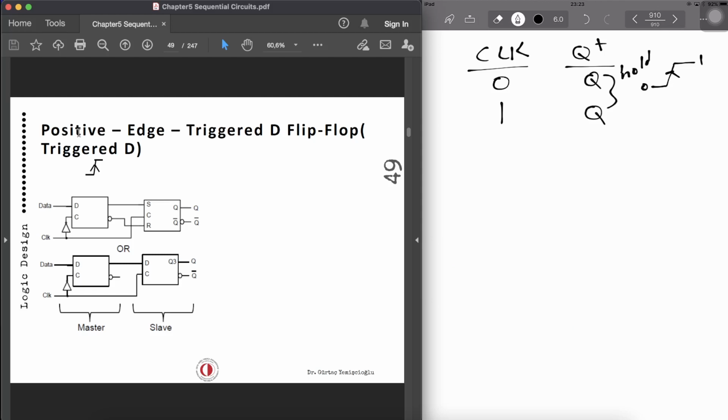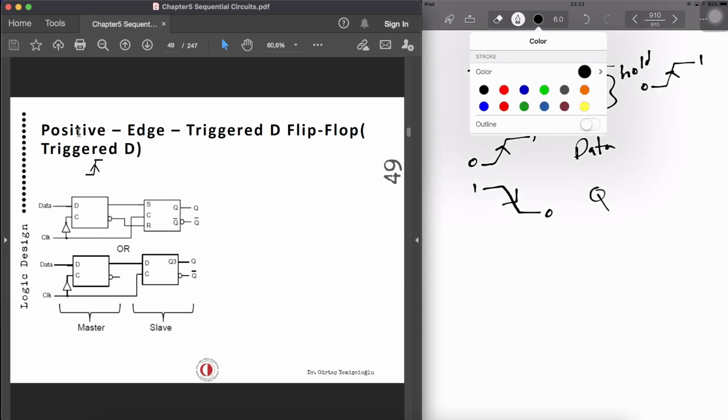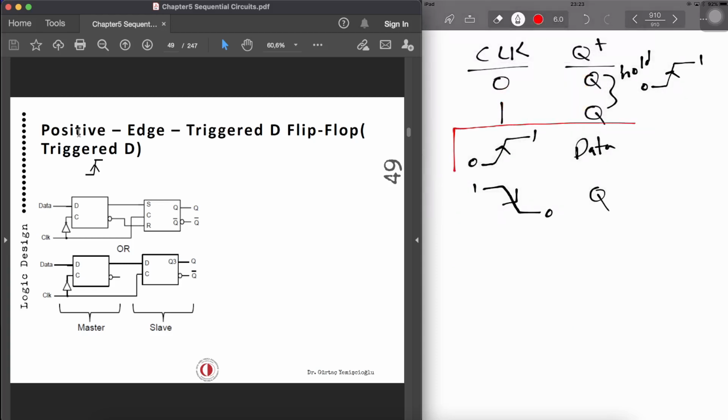Now, when the clock changes from 0 to 1 with positive edge triggering, whatever we have in the data D input will be reflected to the output. Output follows input. And if the clock is changing from high to low, then again, nothing will happen. So this positive edge triggered flip-flop only works on the rising edge.